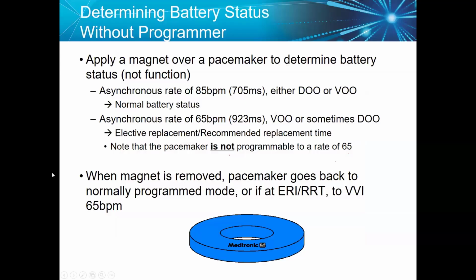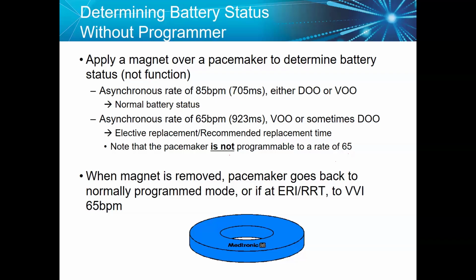Then can we determine the battery status without a programmer? Yes, of course, with a magnet. Every company has its magnet rate that gives you an indication about the pacemaker longevity or life, according to the pacing rate when you put a magnet over the device.